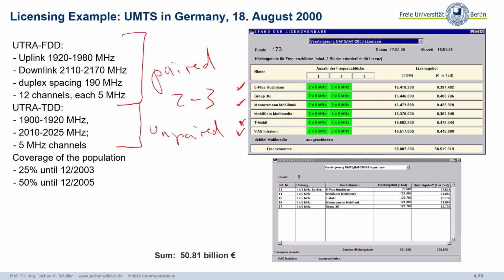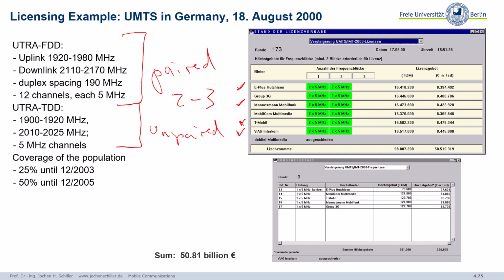There were 2 more companies, Group 3G and Mobilcom Multimedia. They were up to this point either not existent, so a new group like 3G. There was the Finnish Sonera behind it, etc. And we had a virtual network operator offering services via the network of other operators. So 4 real physical operators and 2 others.